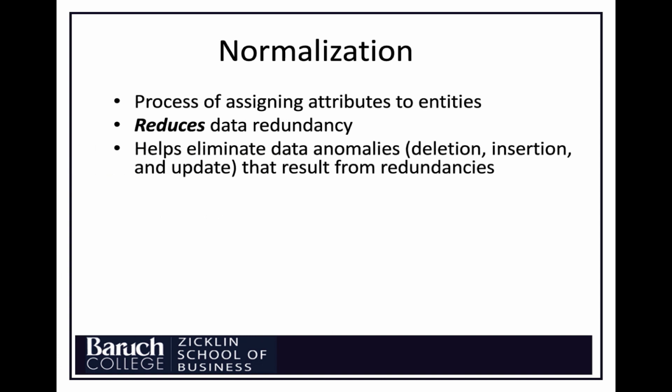And it also helps to eliminate some data anomalies, which would refer to the deletion, insertion, and update anomalies, which means once we have these tables in their most lean and normalized form, there's less likelihood of data being deleted or updated or inserted by mistake.